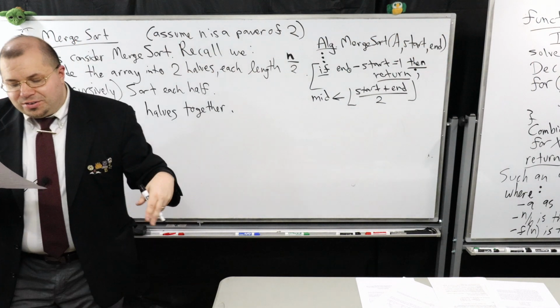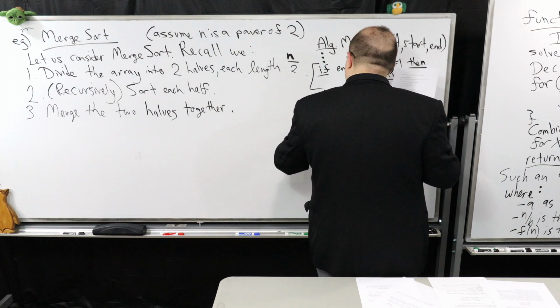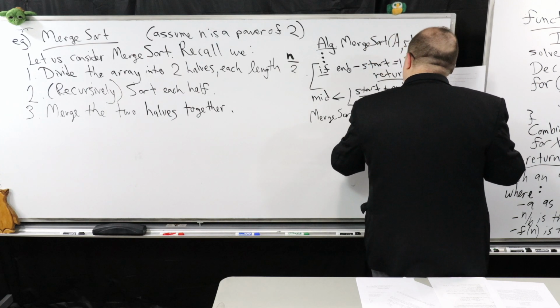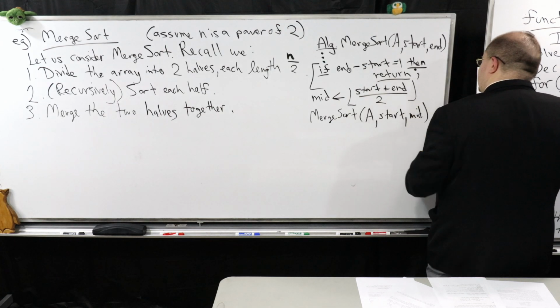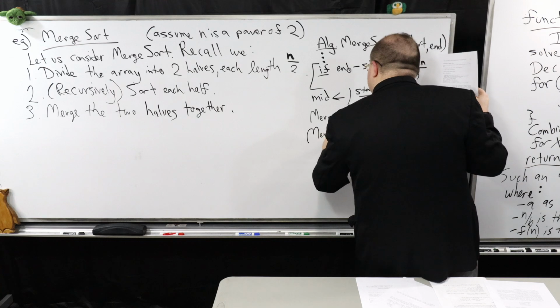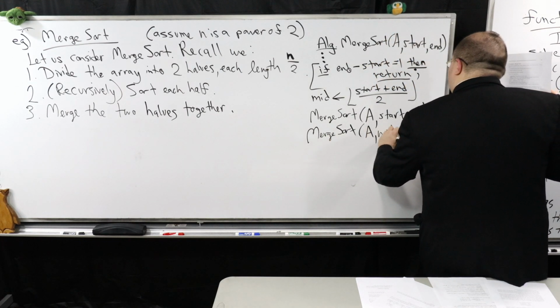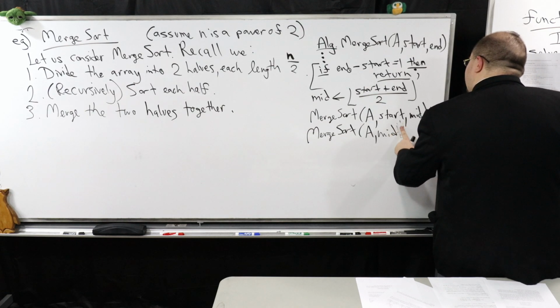So then all I do is I call merge sort twice. Merge sort A, start to mid. And then I call merge sort again, and I do it from mid plus 1. Let me just write that more carefully.